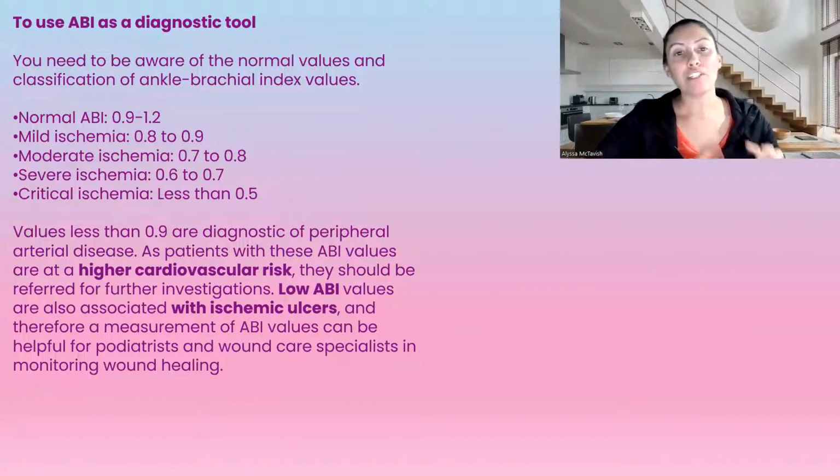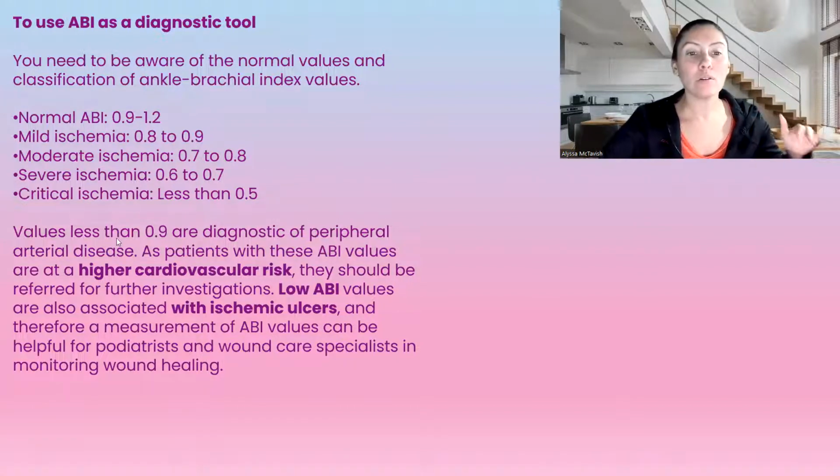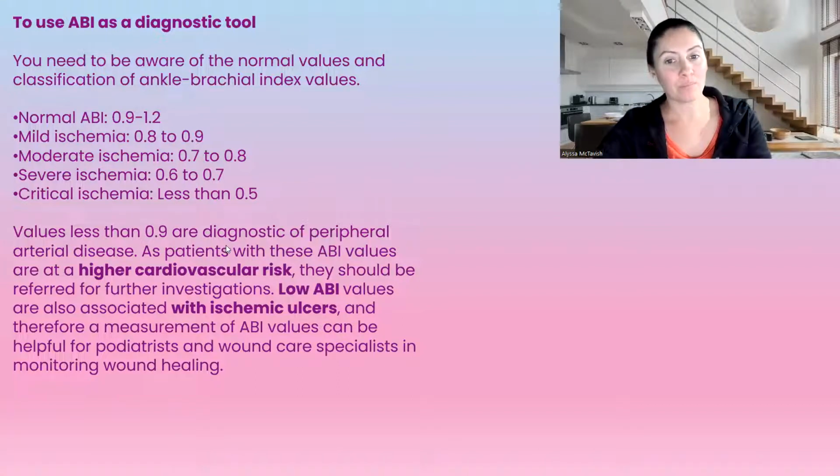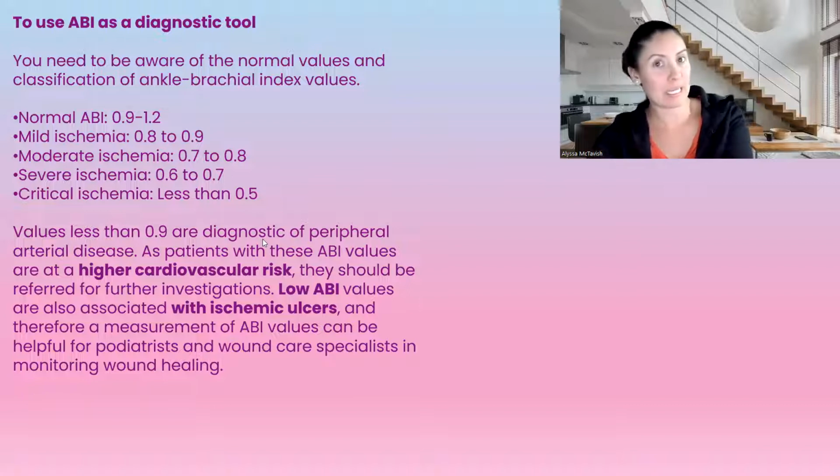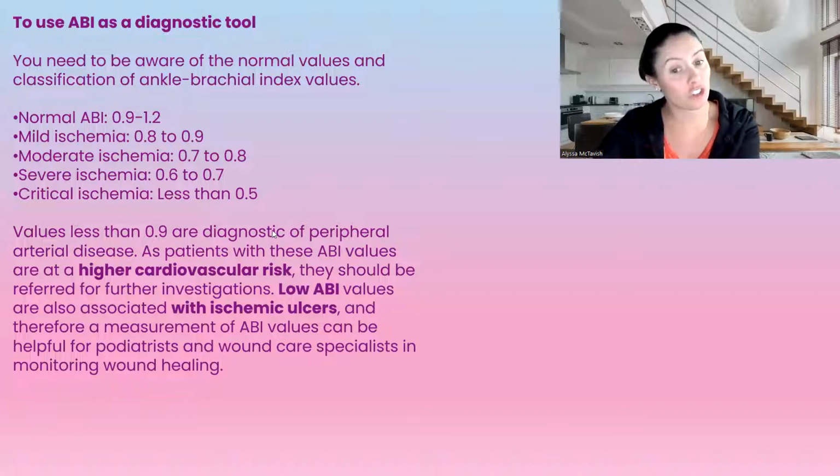To be able to use this as a diagnostic tool, we need to be aware of the normal values, so I have included them here. Values less than 0.9 are diagnostic of peripheral arterial disease. Something is going on, something is starting.